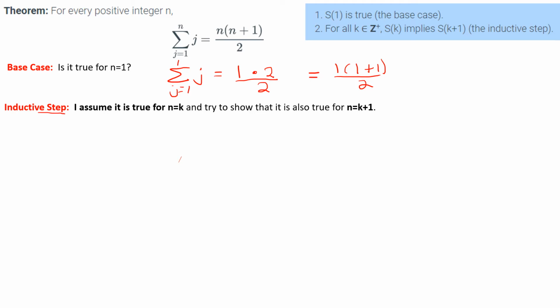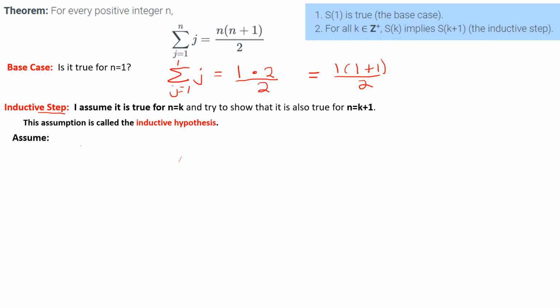With the inductive step, we're always going to assume that the statement is true for n equals k, and then try to show that it's also true for n equals k plus 1. And remember, the assumption always starts first within the inductive step. And the assumption itself is called the inductive hypothesis. So what would be the inductive hypothesis?